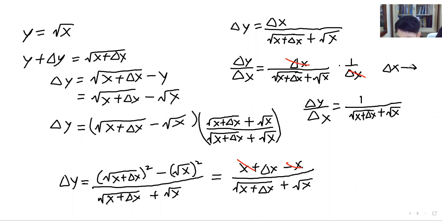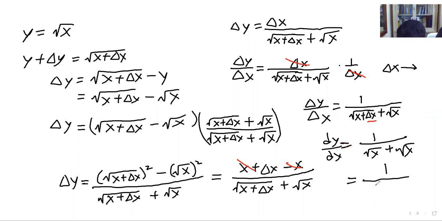Okay, so again delta x approaches 0. So this term inside becomes 0. So that'll just equal a like term, so we'll just combine that.